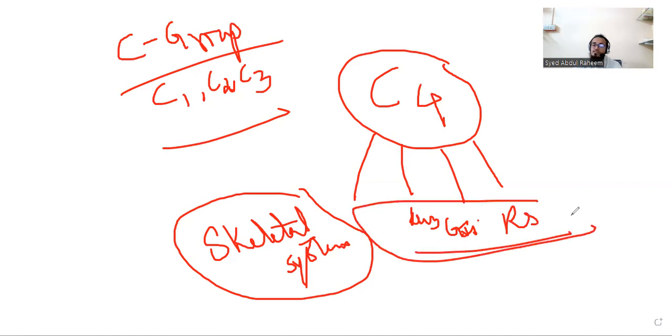So these three systems are also considered under C4. And another thing you have to remember about C4 is that it works on mucosa. That's the reason he kept C4 separate, because of these uses.